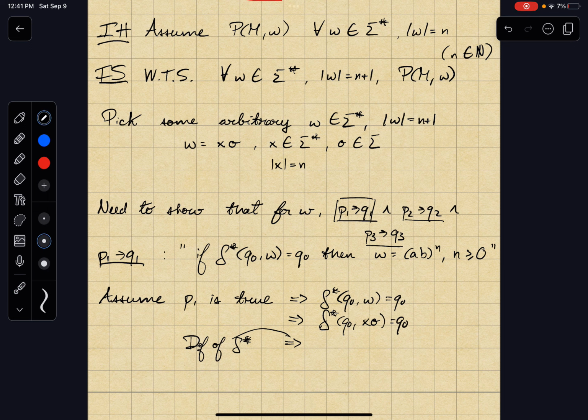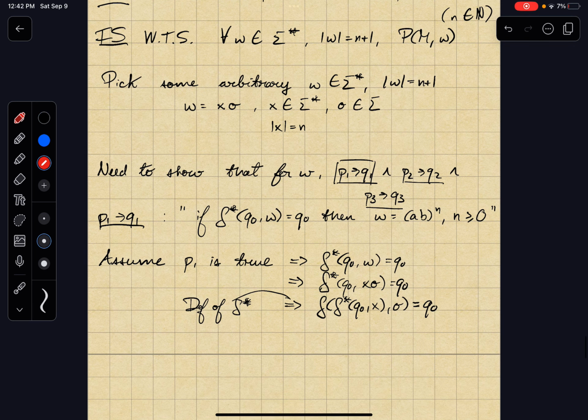And so what is this equal to? It's equal to delta star of Q0 and x sigma equals Q0. Okay, so these are a bunch of symbols. What is this actually saying? Remember, delta star is this generalized operator that says, give me some state and then some string, and I'll tell you where you end up.